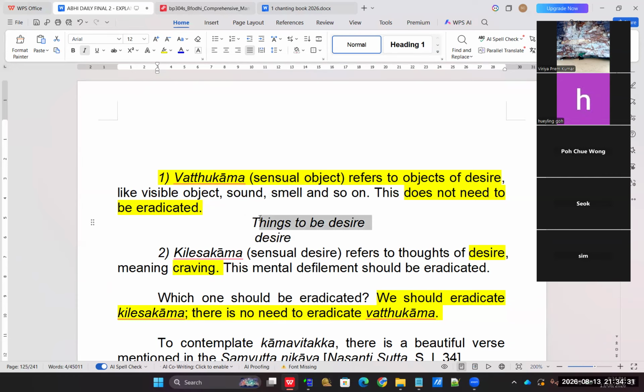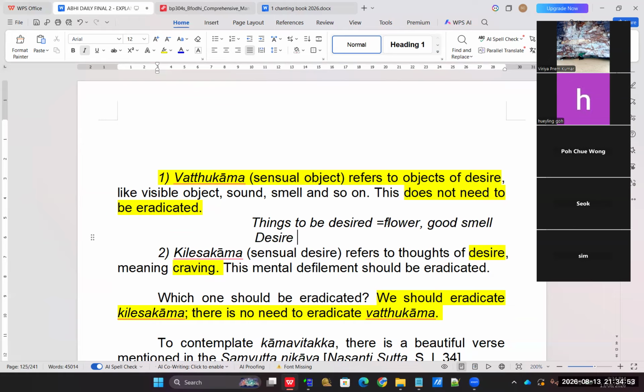So the first one, things to be desired, you cannot destroy, because it's the sight, the sound. Like you see a flower, you don't need to destroy the flower. For example, this is a flower, or maybe some good smell. You don't need to destroy this, because this is just a part of nature.